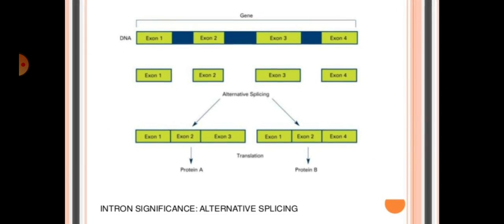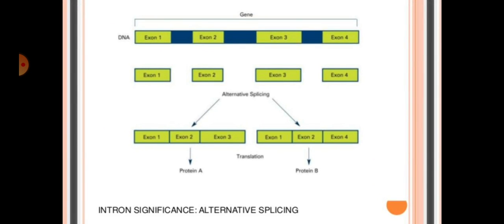Now, here you can see the alternative splicing that is done by introns, which is depicted in this diagram, and this diagram shows how alternative splicing is done by the same DNA or the same gene, and this shows the significance of introns.